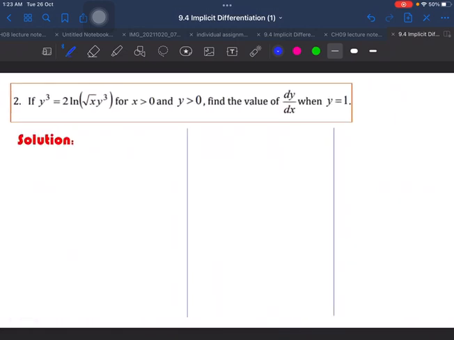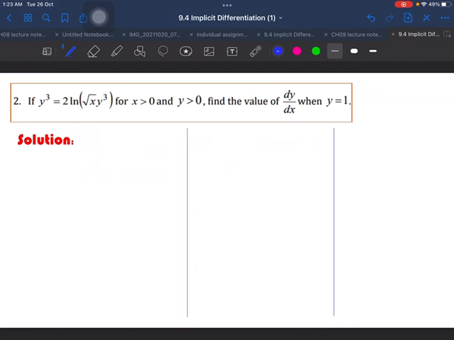Okay, class, we go to question 2. If y cube equal to 2 ln of the square root of x y cube for x greater than 0 and y greater than 0, find the value of dy dx when y equal to 1.